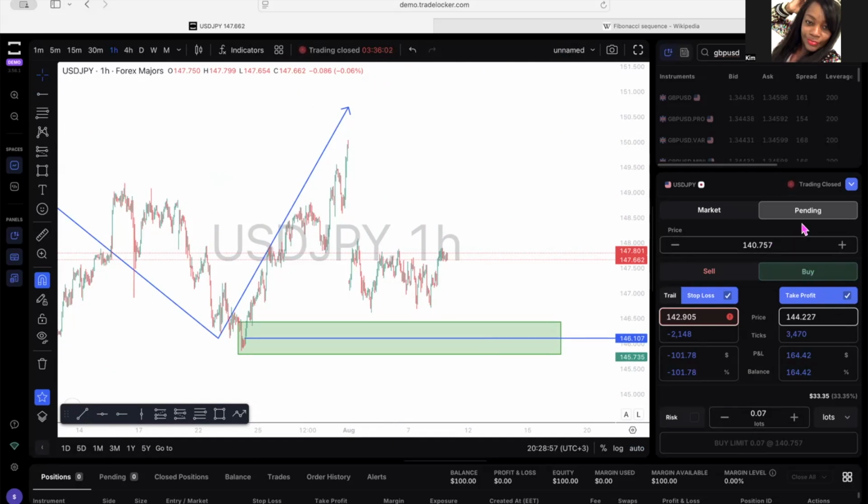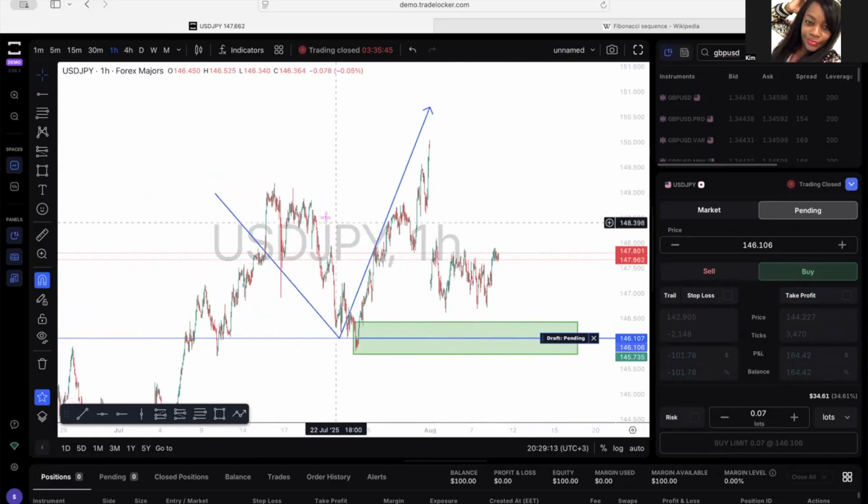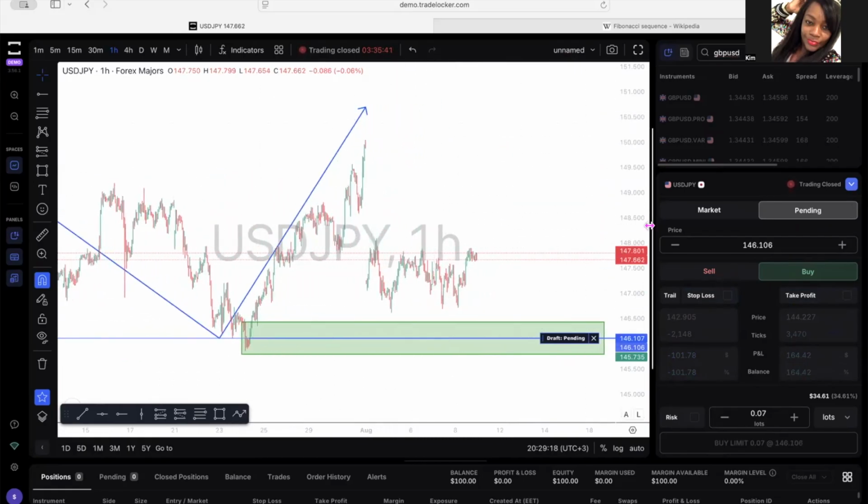Let's take this off. And then we can set a limit here, pending, a pending buy, because this is structure.